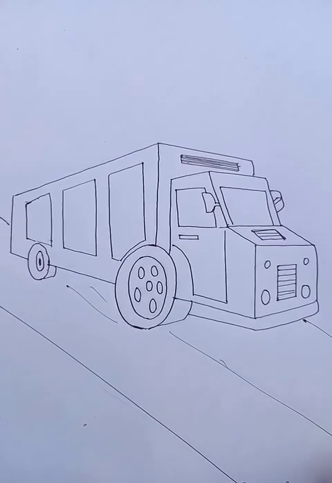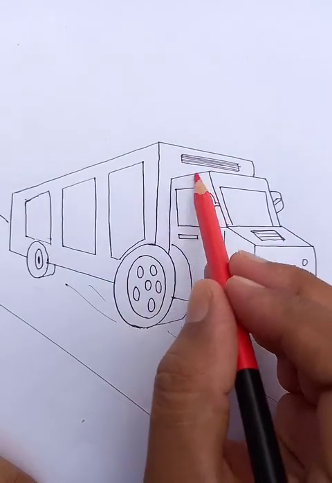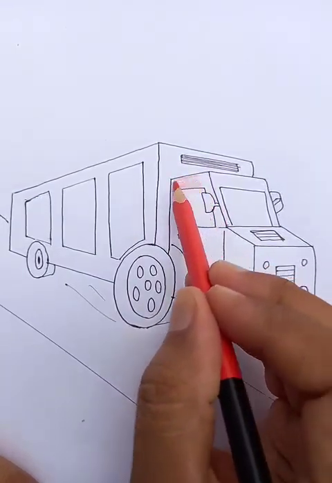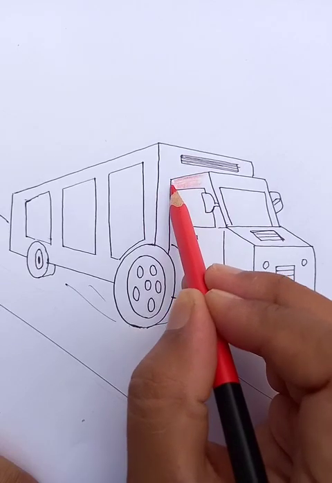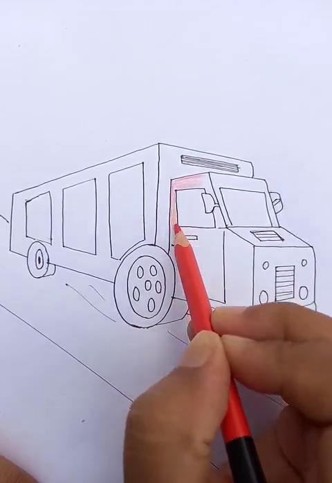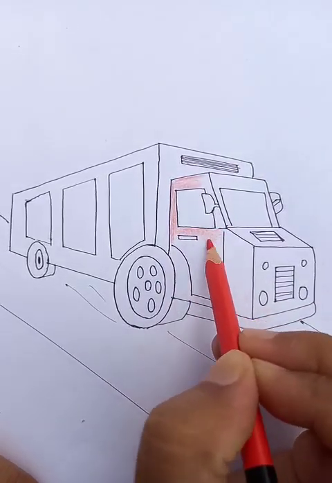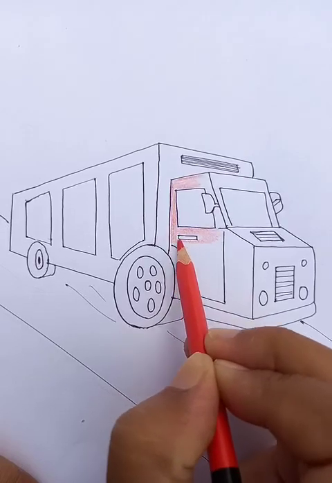So you can see that the basic outlines are nicely done. We are going to put the red color in the front part of the truck. So let's do the sketch with the pencils. You can see the colors of the red.